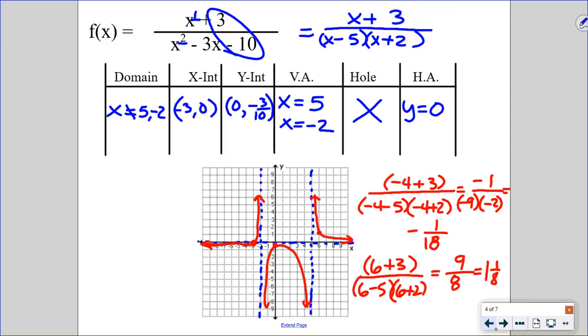In the previous example, in between the 2 VAs, the graph kind of looks like a parabola. It's not an exact parabola, and again, we're just sketching here.